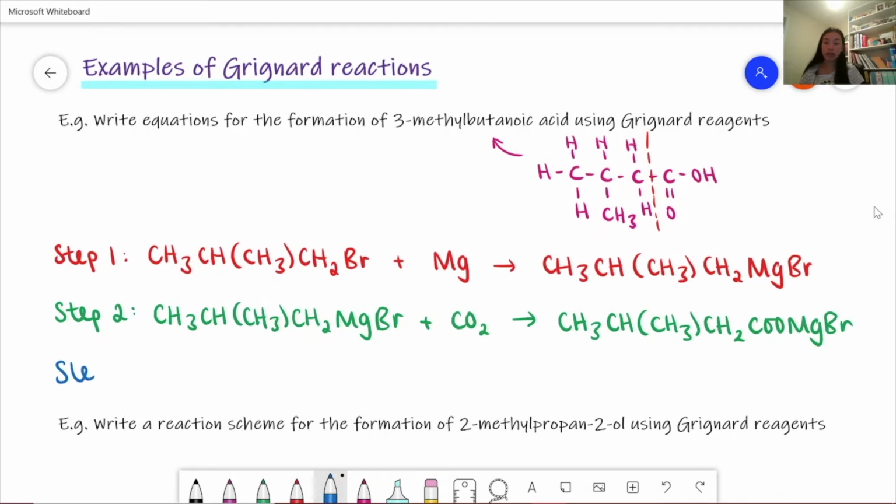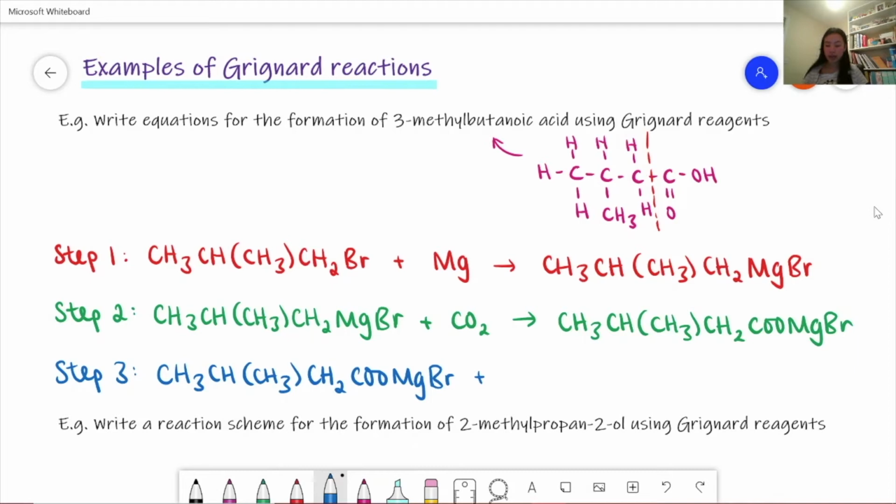So we have step 3, CH3, CH, CH3, and then CH2, and then COO MgBr.